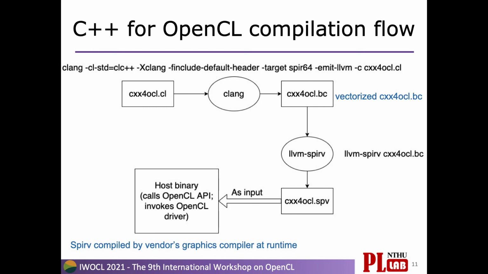So it will finally produce a .spv file. Then on the host side, we leverage the OpenCL 2.1 API, which will take a SPIR-V binary as input, and invoke the OpenCL driver to translate this SPIR-V code into graphics assembly.